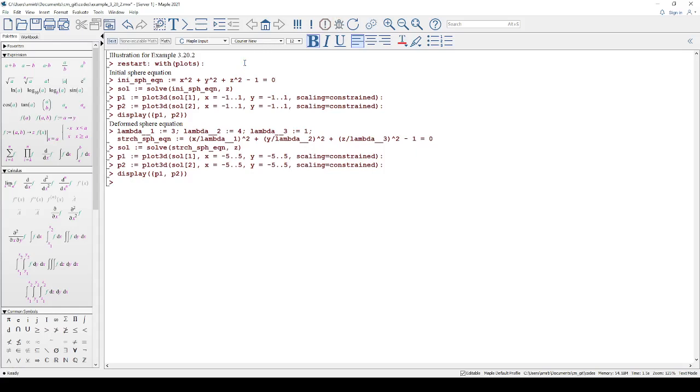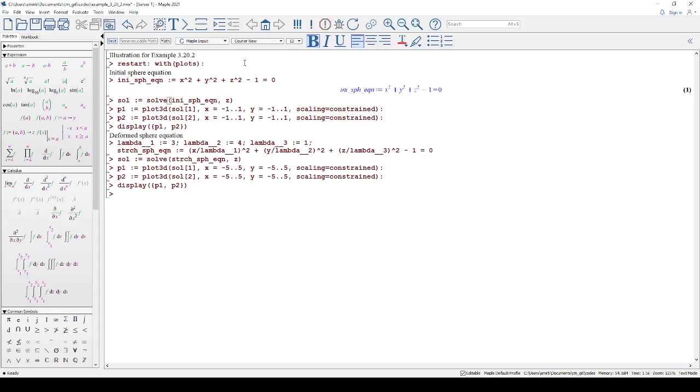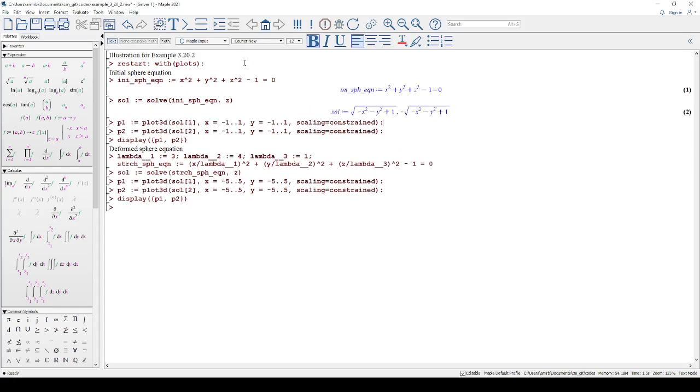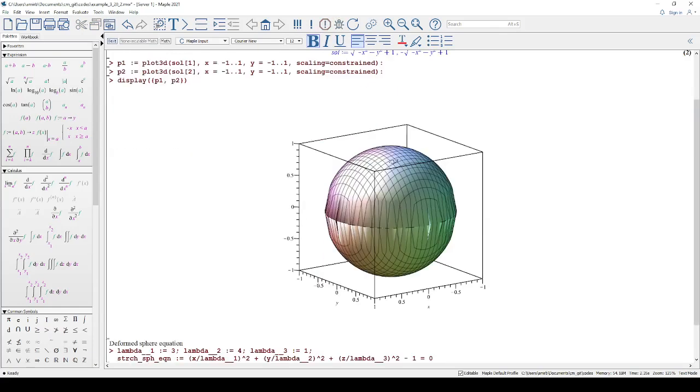The initial sphere equation that we had in the problem is this one. If we solve this for z and plot it in 3D for both solutions, here I have the first one, and this is the second part of the solution. Here I plot the first part, sol1, and here I plot the second part.